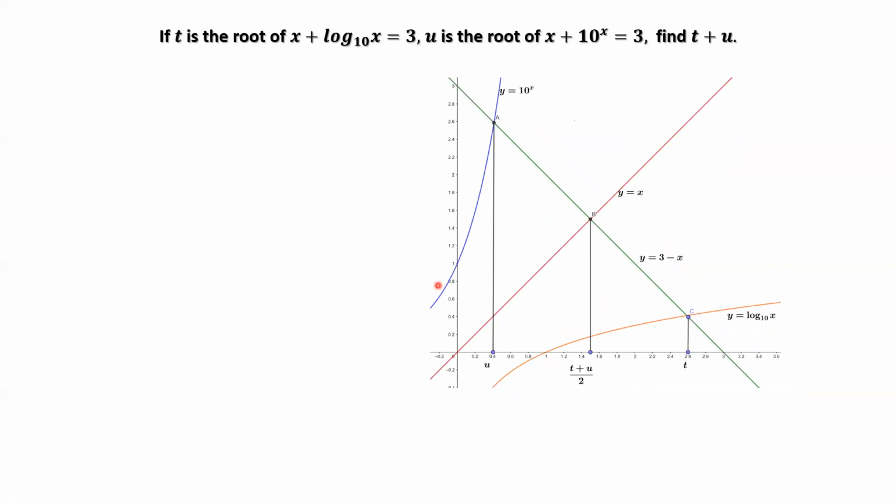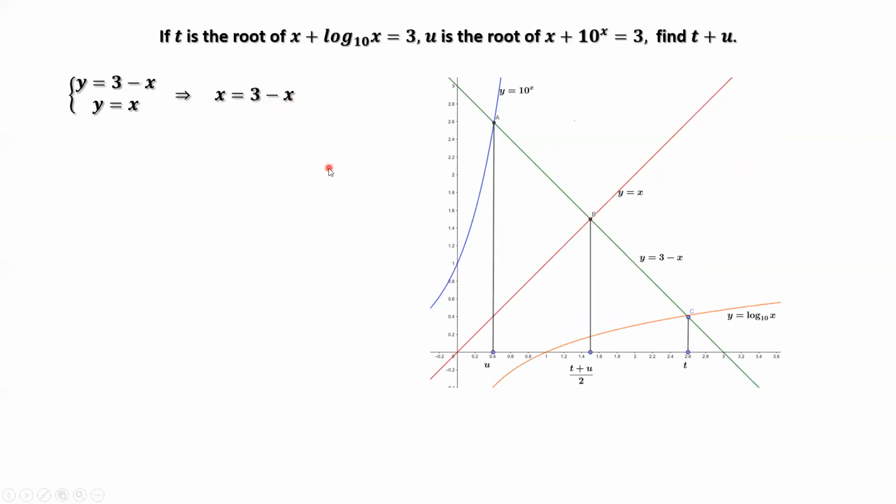What is the x-coordinate of this middle point? This is the intersection of the two curves, y equals x, y equals 3 minus x. Solve this linear system. We can find x equals 3 minus x.